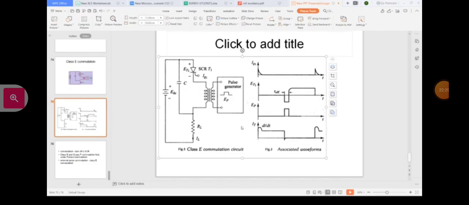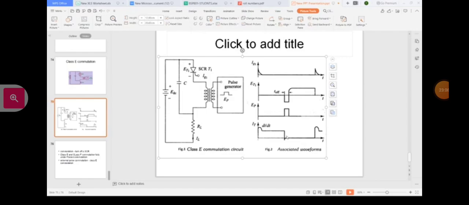Current IT will flow, as denoted by this pulse. After some time, when Toff is applied, or when ET1 is applied, EP is the pulse signal. When this pulse is applied, you can observe that the value of current IT is 0.